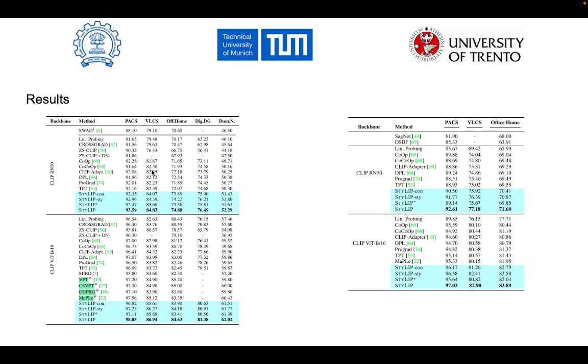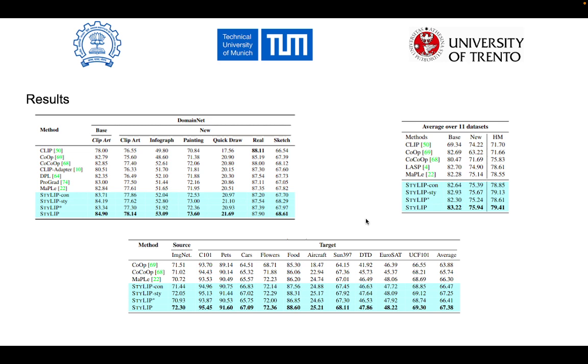The left-hand side represents multi-source single-target domain generalization, where we have taken five datasets into account, whereas the right-hand side shows results for single-source multi-target, for both CLIP ResNet 50 and ViT-B/16.